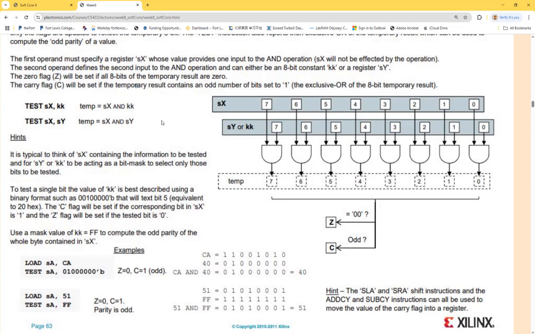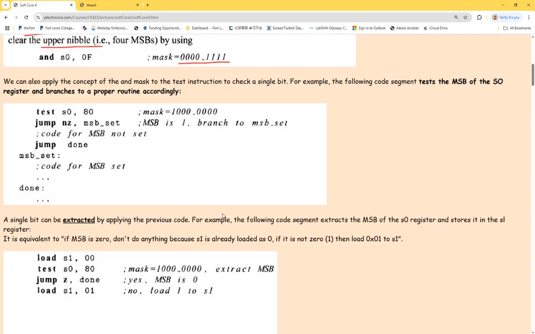Okay. Let's come back here. Keep in mind it's a bitwise AND logic. So it's asking to test a certain bit, so you want to create a mask first. For this one, I'm creating a mask that has the MSB set to 1.